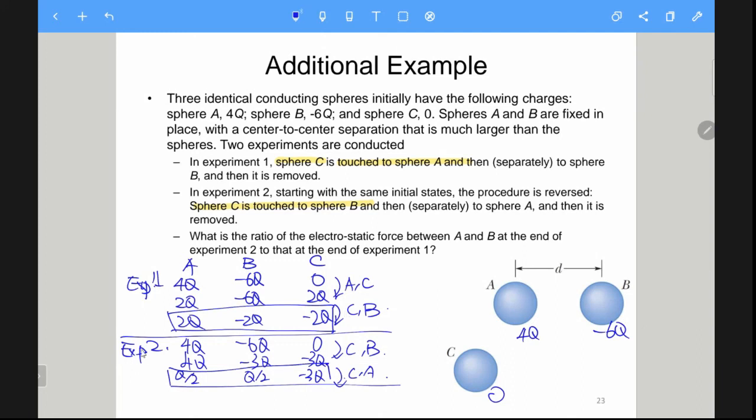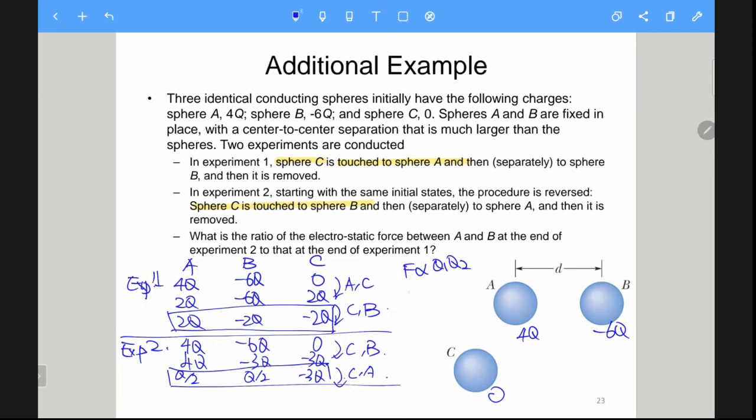It asks you about the force between A and B. Of course, the force is proportional to Q1 Q2, and because the distance is the same, we don't need to consider the distance. We only consider the charges.